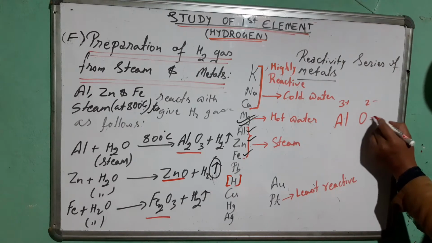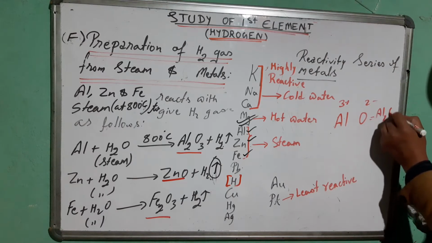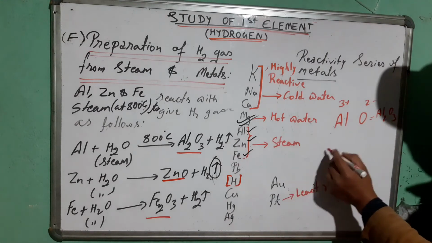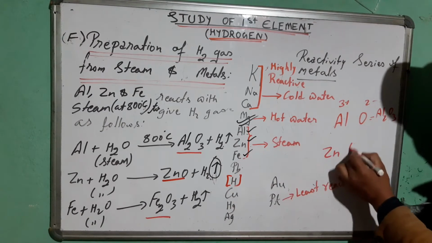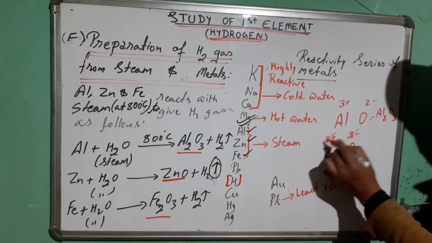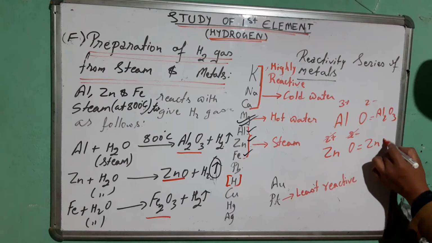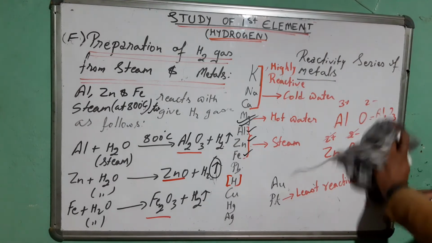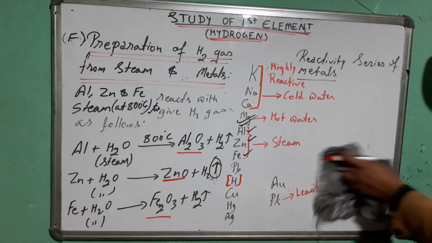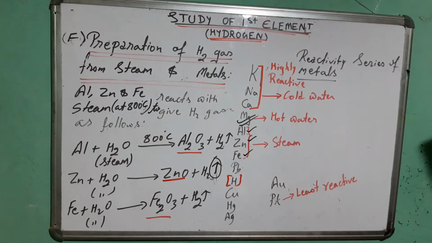So the formula of aluminum oxide becomes Al2O3. Whereas in the case of zinc, zinc's valency is 2 plus and oxygen is 2 minus. These get cancelled, so the formula becomes ZnO only. And the same thing happens to iron oxide also. Iron oxide, Fe2O3, is ferric oxide.